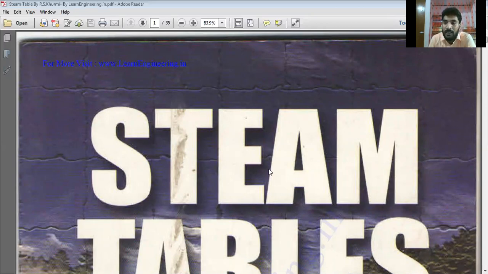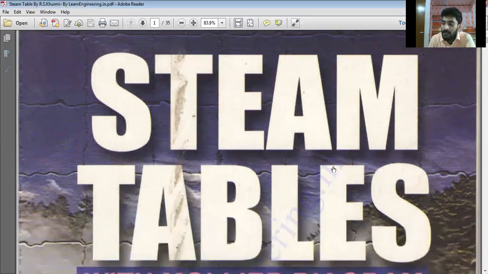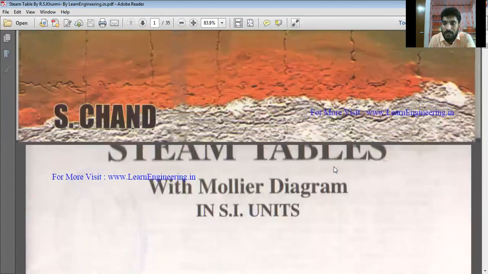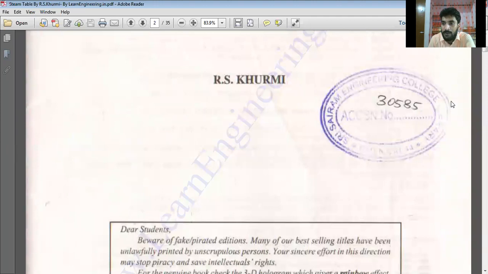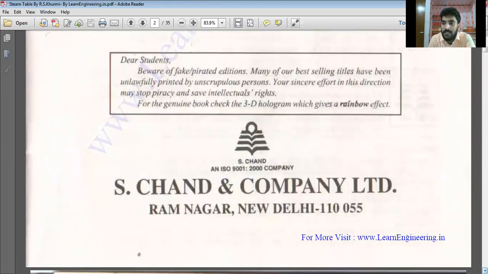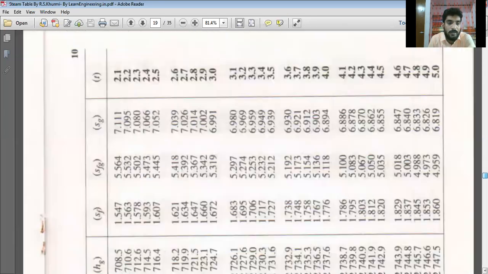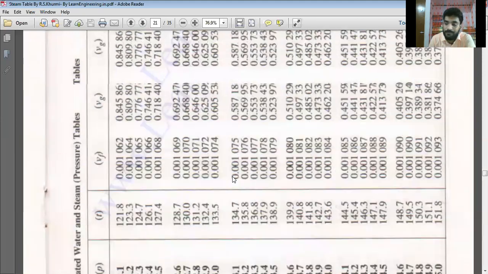So I collect the properties at 0.08 bar from the steam tables, and similarly at 20 bar pressure and 360 degrees temperature. Just look at how to collect steam properties from steam tables.